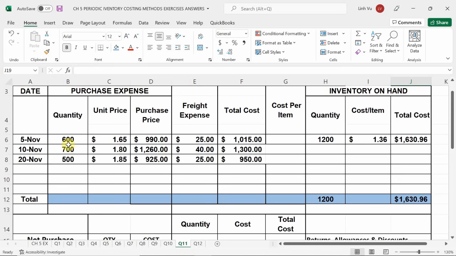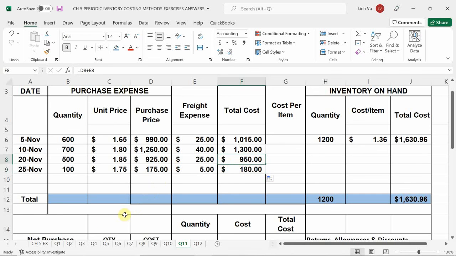Okay. On November 25th, 100 items at $1.75 with a freight of $5. So in this case, $175 plus $5 gives you $180 total. Yep, $180.